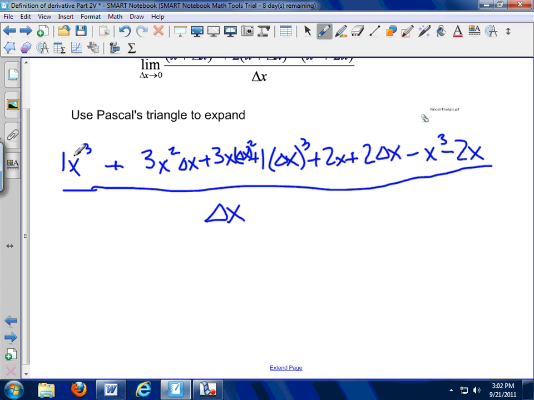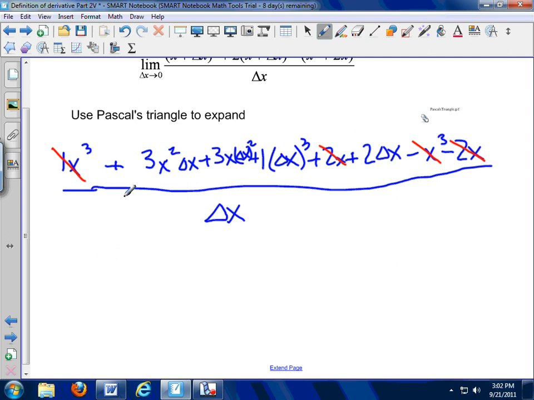Okay, so simplify. One thing I will notice, and let me get a different color ink out so we can be clear: I've got an x cubed here, and I've got an x cubed there. Gone. Someplace in here I got a positive 2x and a negative 2x. So those are gone. Now I've simplified this down to 1, 2, 3, 4 terms.